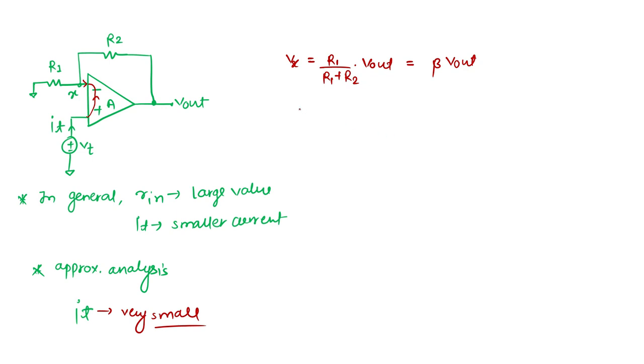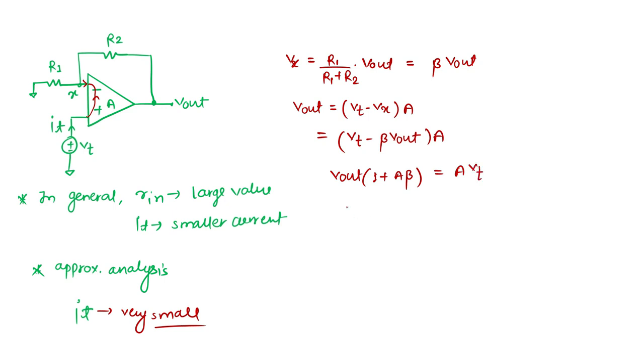Then I have one relation: V out equals Vt minus Vx, times A. If I put Vt minus beta V out, and take V out on one side, 1 plus A beta equals A Vt. So V out is A over 1 plus A beta times Vt. In terms of Vt, we have the V out.